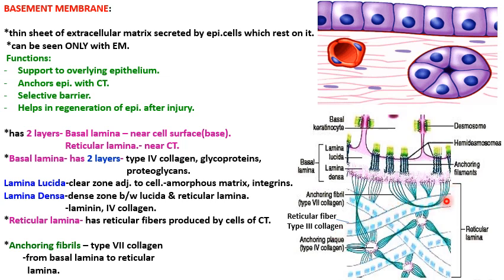So these reticular fibers are produced from the fibroblasts and are scattered all over, and the basal lamina and the reticular lamina are anchored to each other by anchoring fibrils.